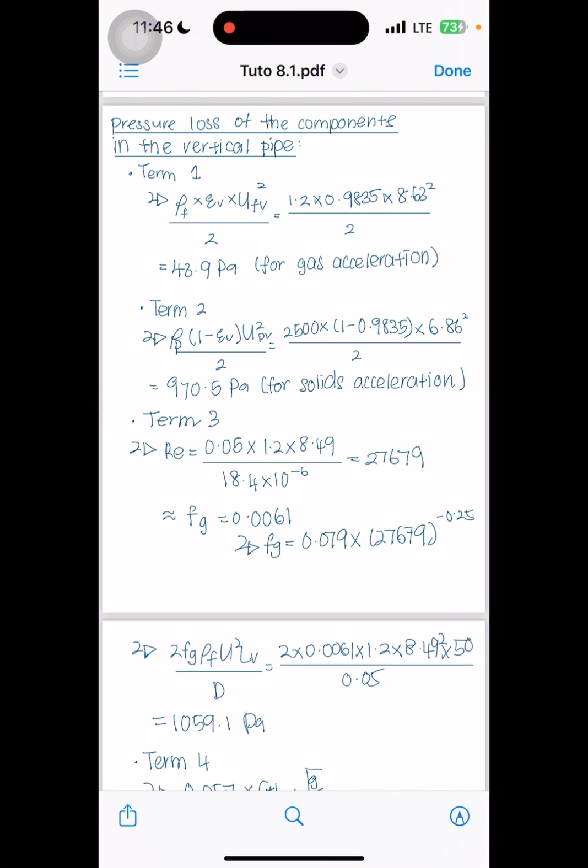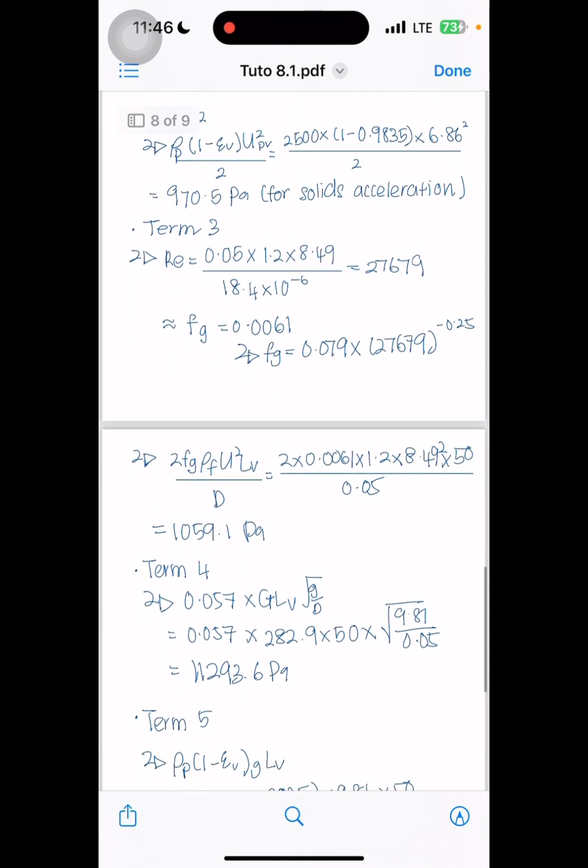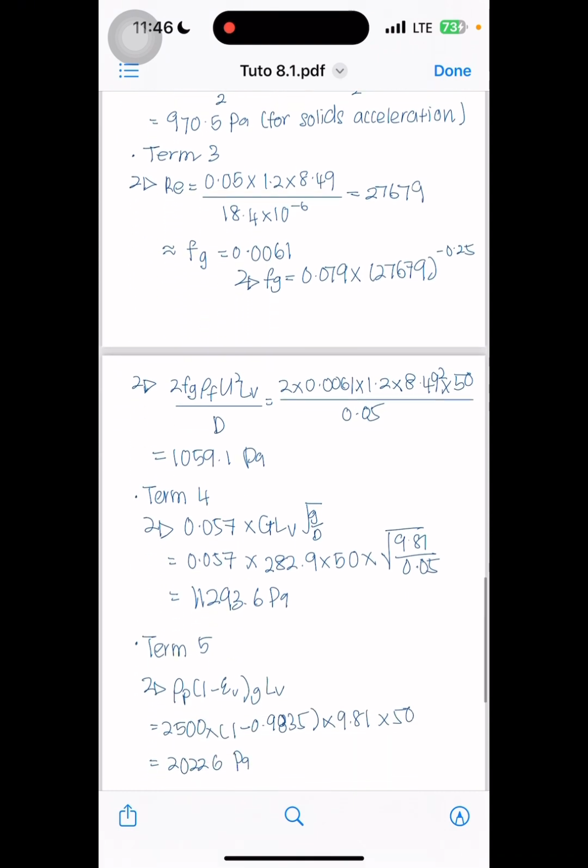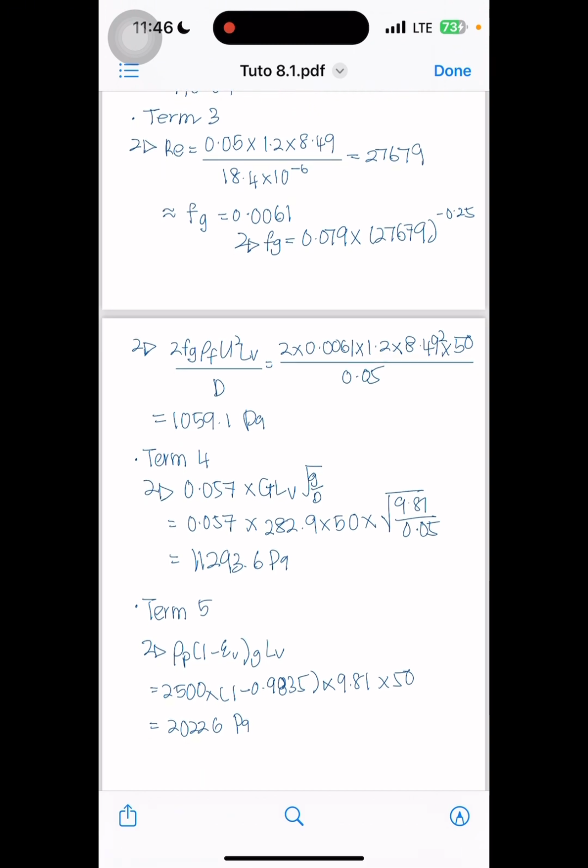For the third term, as shown on the slide, we will use the Blasius correlation for a smooth pipe, denoted as FG. Prior to obtaining FG, we need to calculate the Reynolds number first by multiplying the diameter by the density of fluid by the superficial velocity, divided by mu.